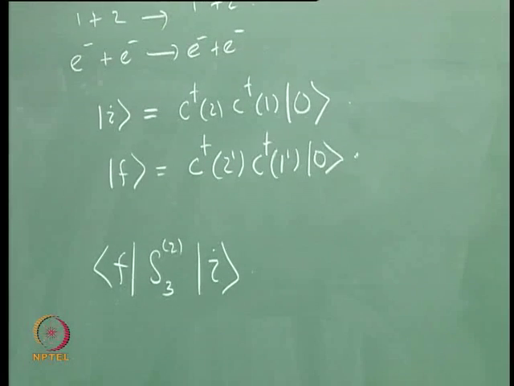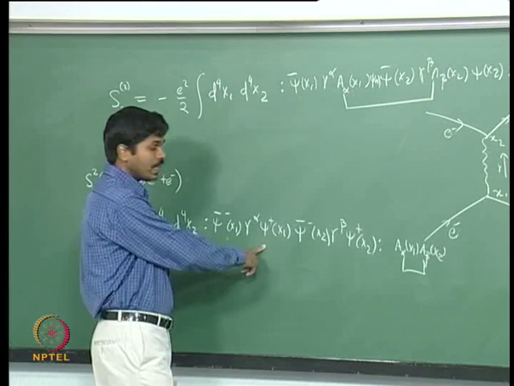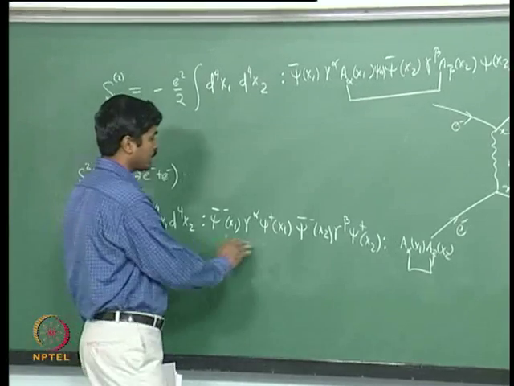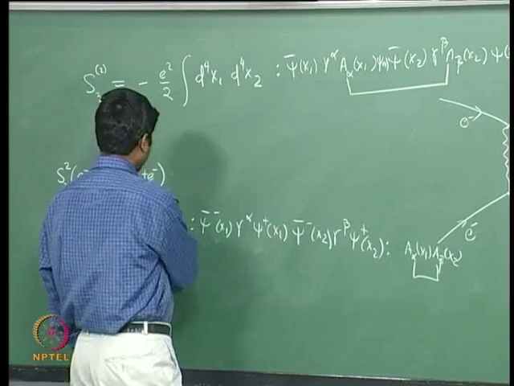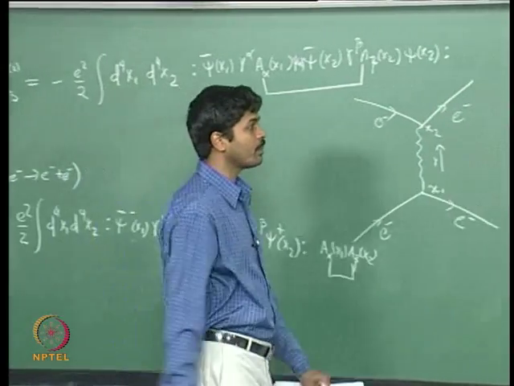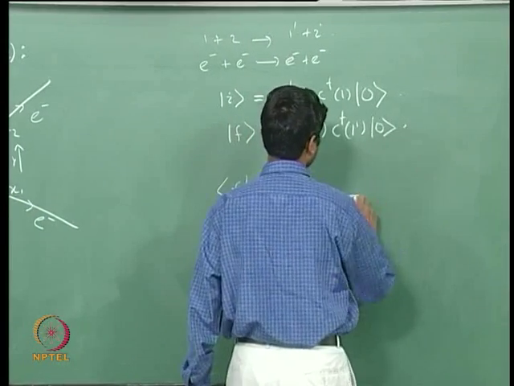First of all, you can write it in terms of their Fourier components, and it will contain a bunch of p integrations and so on, and then you have gamma alpha and all those things. We will not worry about the integration over d4x1, d4x2 for a moment.